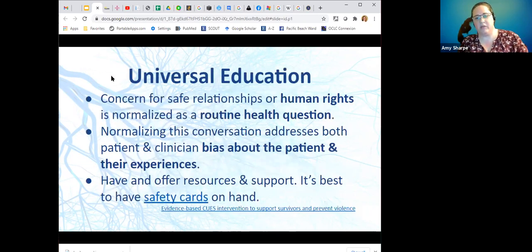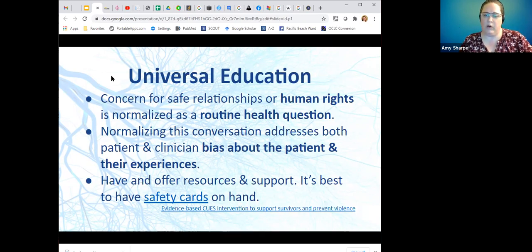So universal education shows concern for safe relationships or human rights and is normalized as a routine health question. The important distinction here, and this was sent out in the email I did a couple of weeks ago, where there was a webinar in February that interviewed survivors of labor trafficking, and they said that the biggest obstacle for them asking for help was that they weren't clear what their rights were, and so they didn't know what was acceptable.